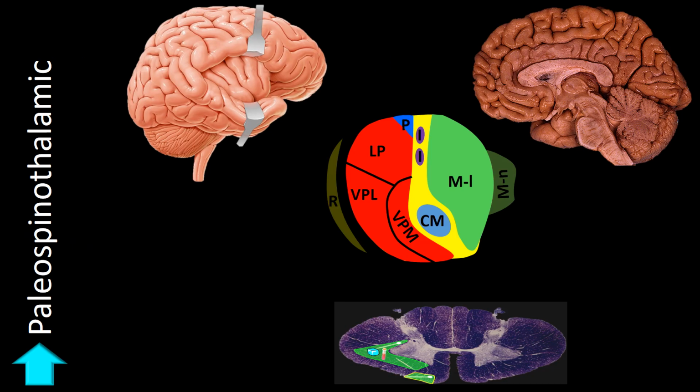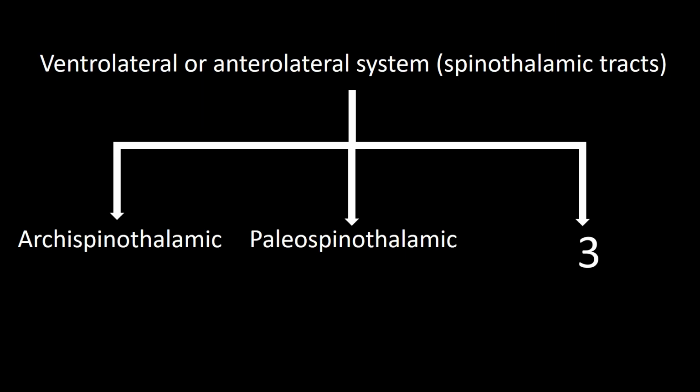Fibers in this tract travel in the anterolateral funiculus to the interlaminar thalamic nucleus and from there to the insula and the rostral cingulate gyrus. The third tract is the neospinothalamic tract.